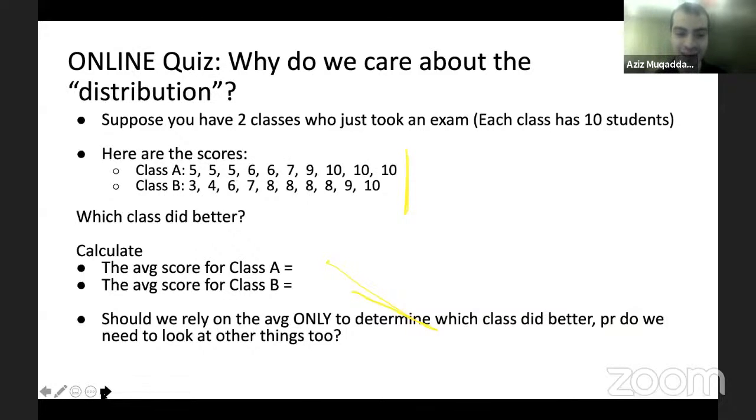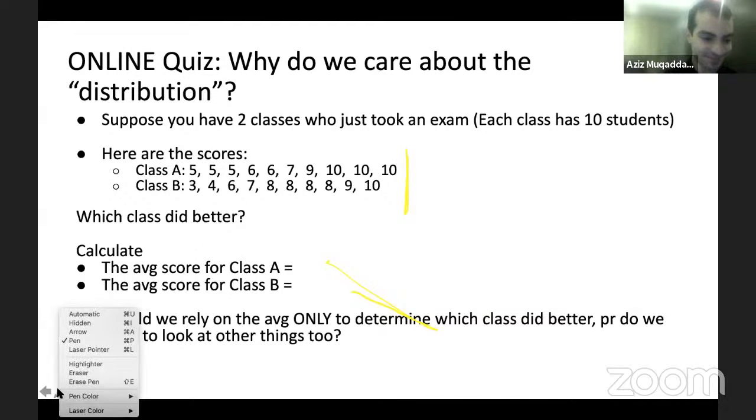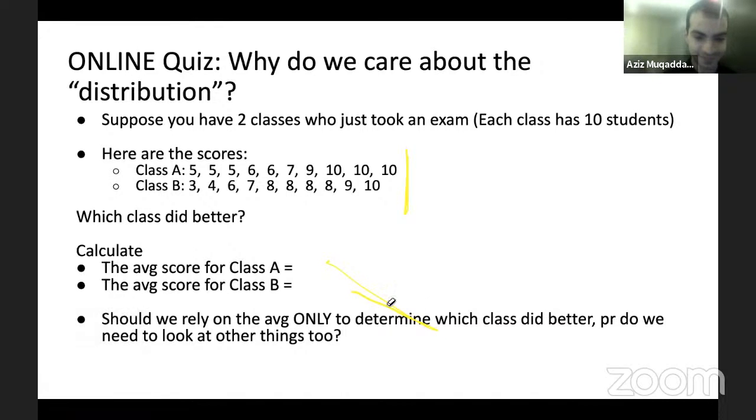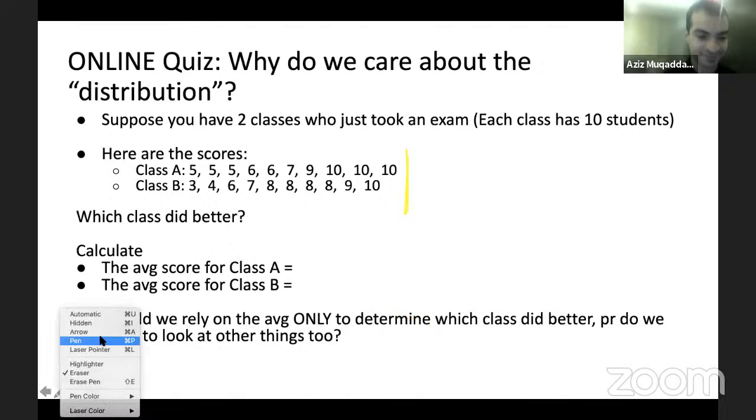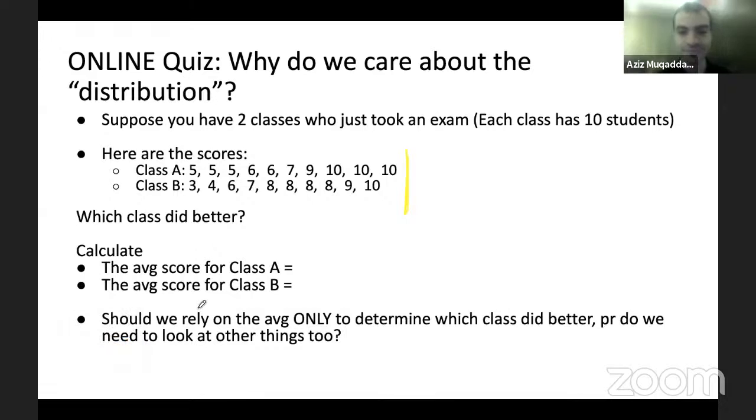Please calculate the average for class A and the average for class B. And then let's see how it is. Okay. So 7.3 here and 7.1. Okay, gotcha. Now looking at the average scores, is 7.3 really different than 7.1?